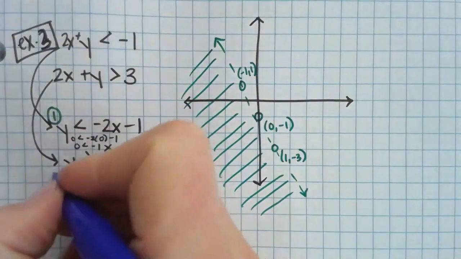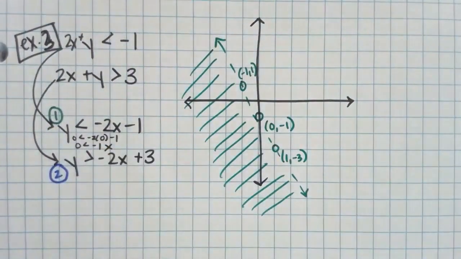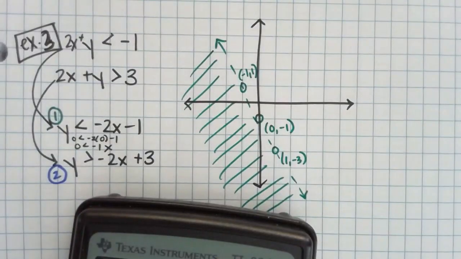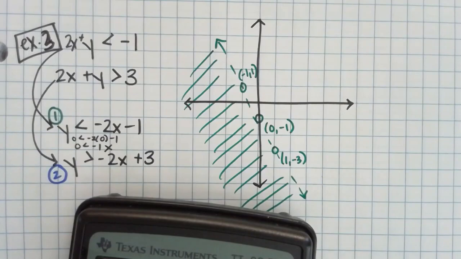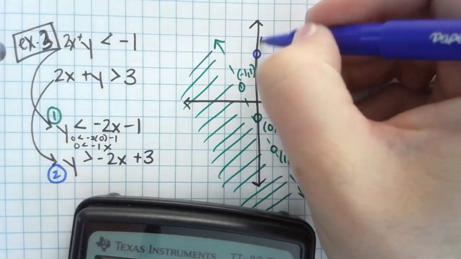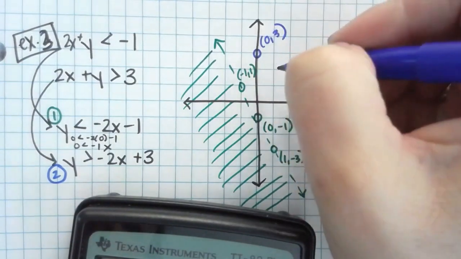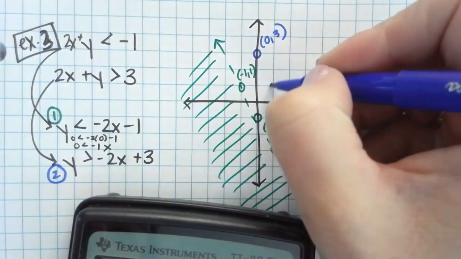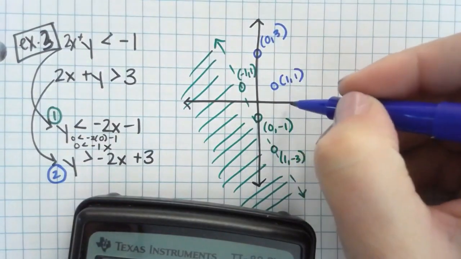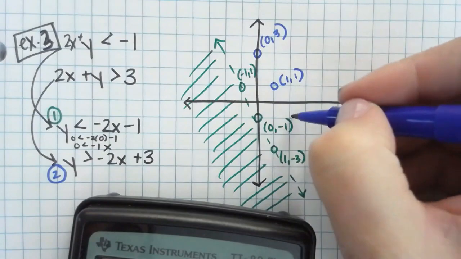Okay, and then we'll graph the second inequality. Plot some points. 0, 3. 1, 1. And 2, negative 1.